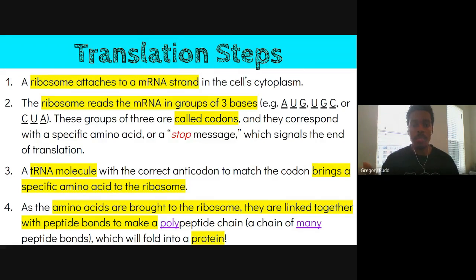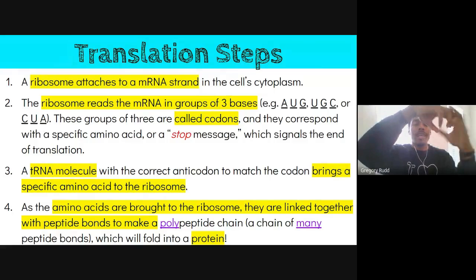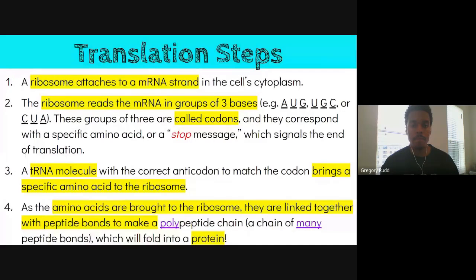Poly is a prefix that means many, and so a polypeptide chain is a chain of many peptide bonds. Eventually, this will become a protein. So we're going to bring amino acids to the ribosome, and the ribosome is in charge of linking them together. It starts with an mRNA, and it ends with a chain of amino acids. This is translation.